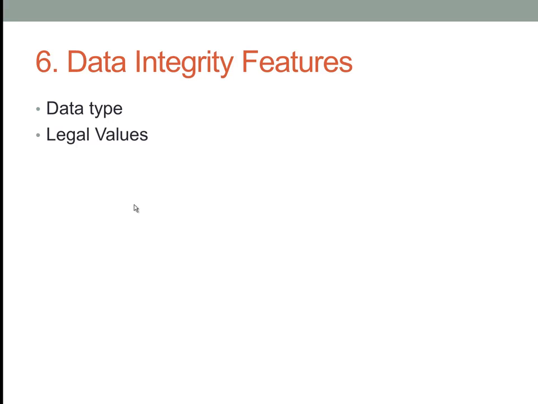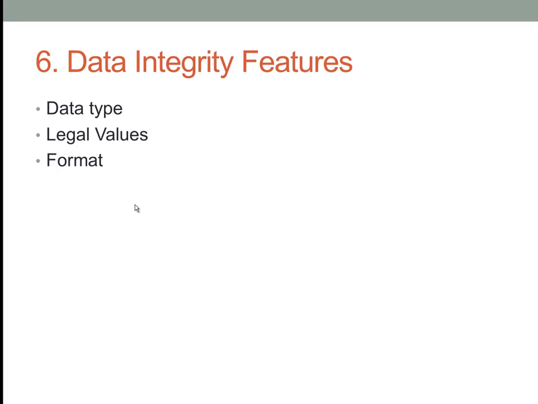So by making it a data type of number, I'm only restricting them to the characters 0 through 9, but by also putting a validation rule on it that says less than 15,000, I'm restricting it even more. The author mentions format as one, and to me that is a display format. If users are used to seeing it a certain way, it helps them understand what they should put in, but I personally don't quite see that as a data integrity feature, but we'll go with it.